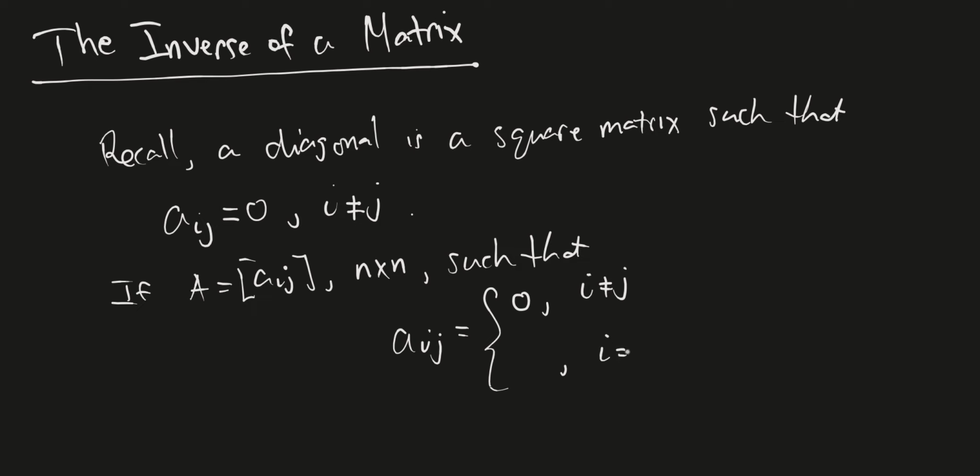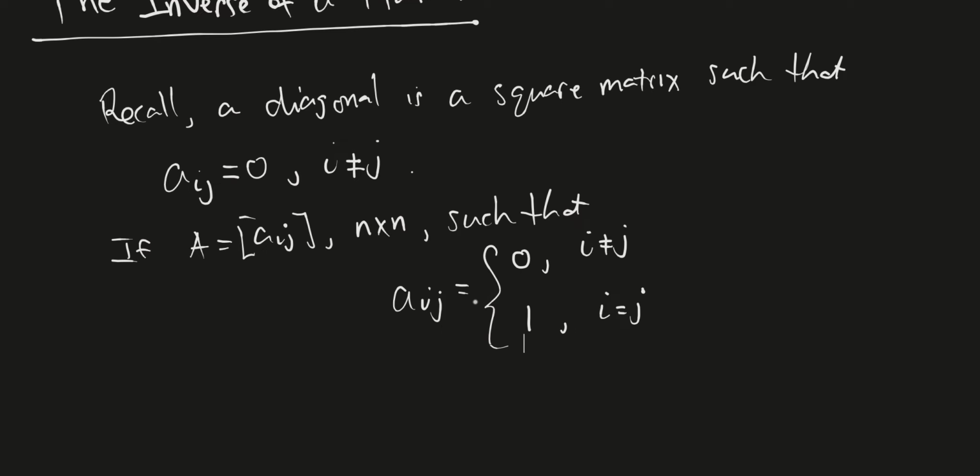That's when i is equal to j, and we're going to require that those entries be equal to 1, right? A nice binary definition, right? So the entries are going to be 0 if they are not on the main diagonal, and they are going to be 1 if they are on the main diagonal, right?